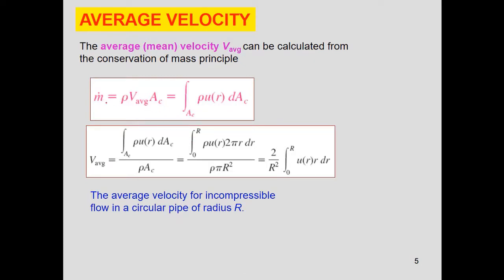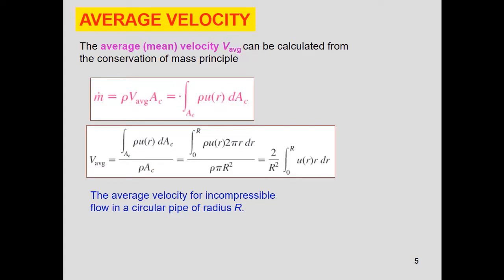So by this conservation of mass principle, we can write this equation. The mass for each cross-section area can be calculated by each one of these equations. By rearrangement of this equation, we can write V average equal to this value.